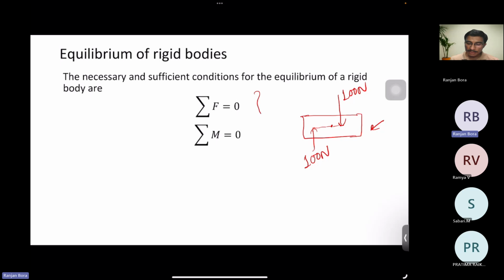So for this body to remain in equilibrium, what do we need to do? Let's assume this is 10 centimeter and this is 5 centimeter. So what we need to do is translate this force up to this point, up to this 10 centimeter.